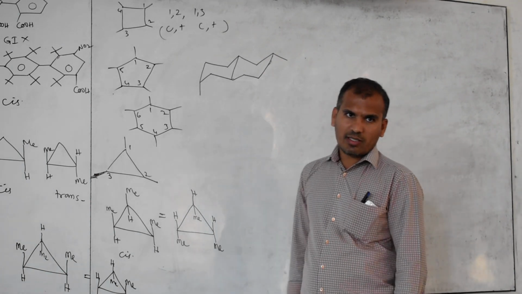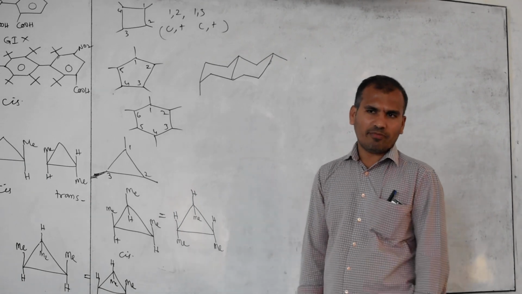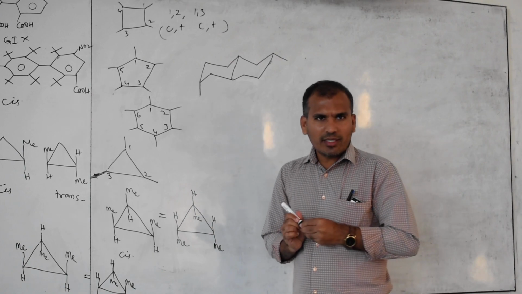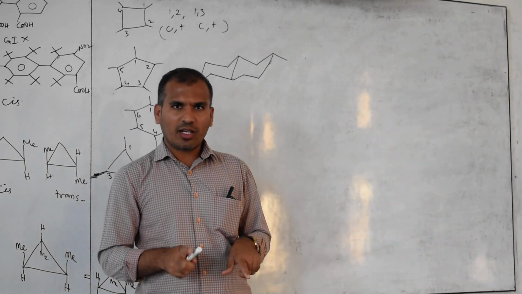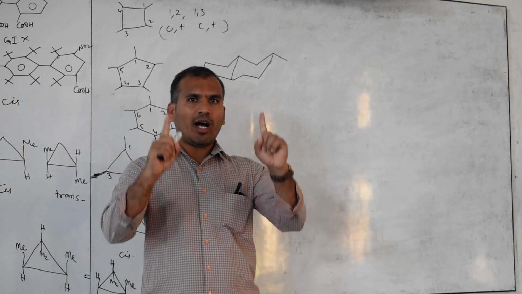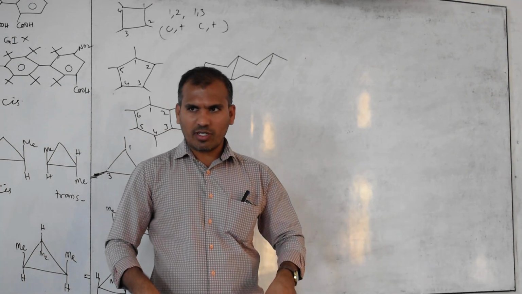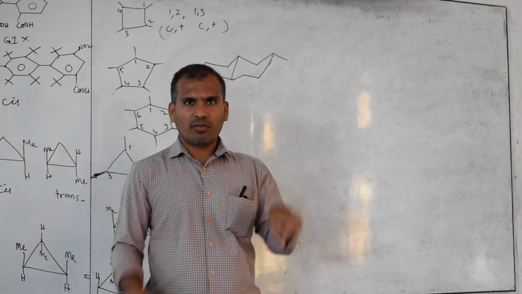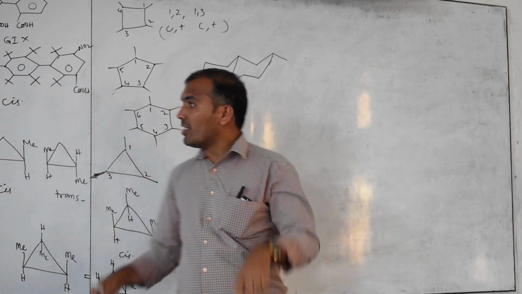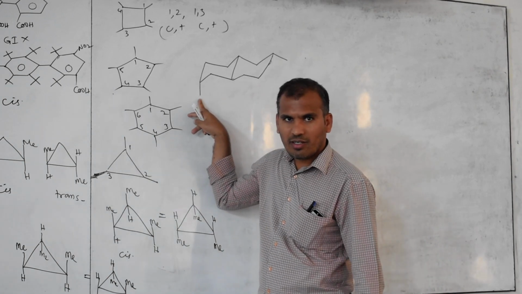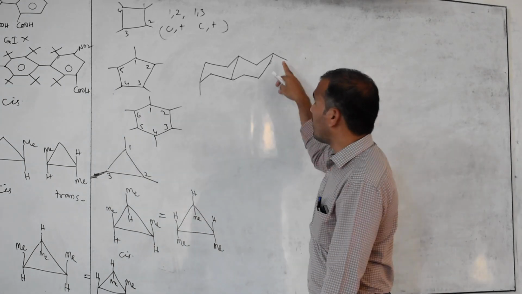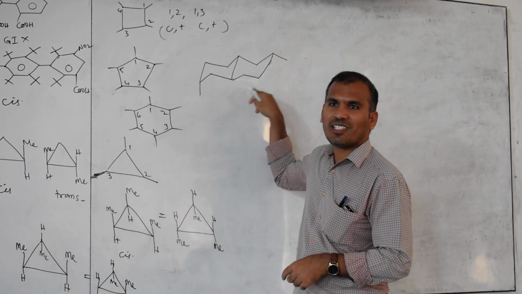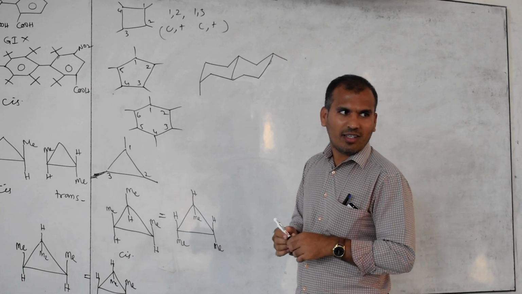Now this form is which one? Cis form or trans form? For cyclohexane, what I told, remember axial equatorial. Cis form means what? 2 up, 2 down. Cis form is 2 may be up or 2 may be down. Trans form means what? 1 up, 1 down. This is which one? Down or up? Down. This is which one? Down, down, down. Cis form. This is cis form. Is the concept clear?